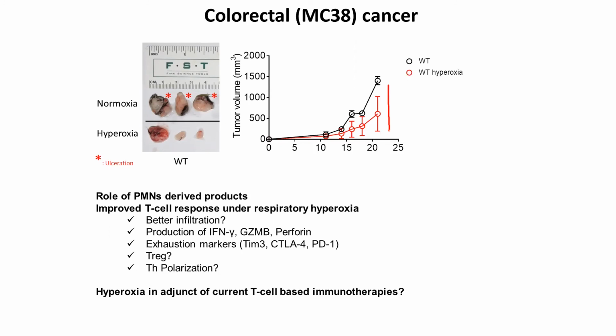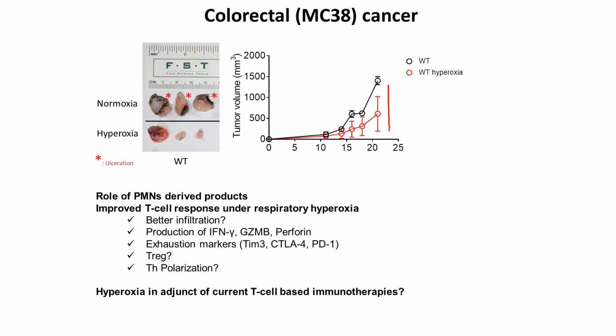It can be revealed through a better infiltration of cytotoxic T cells, through a higher production of interferon gamma, granzyme B, or perforin, through a decrease of exhaustion markers at the surface of T cells, such as TIM3, CTLA4, PD-1, a variation in Treg frequency, or any change in Th polarization, with, for example, a decrease in Th17 polarization.